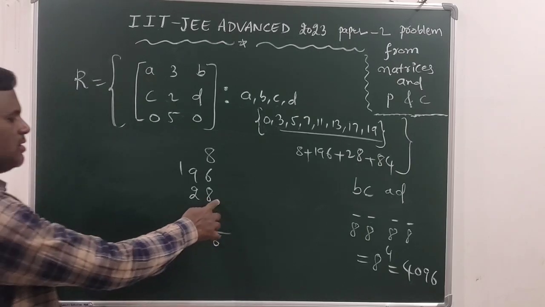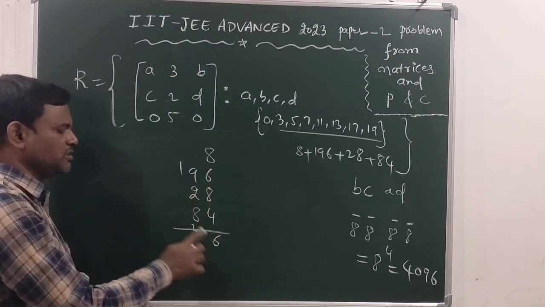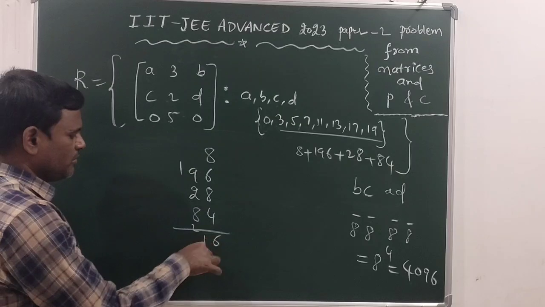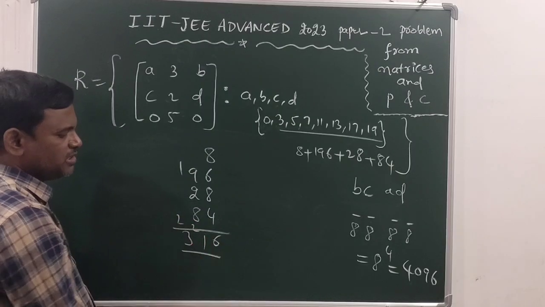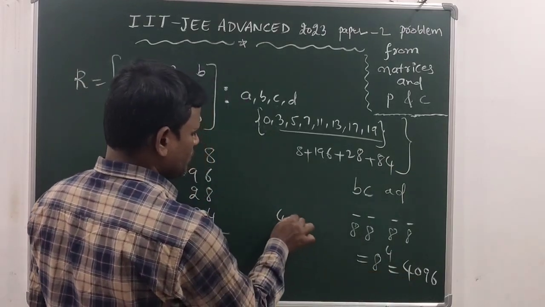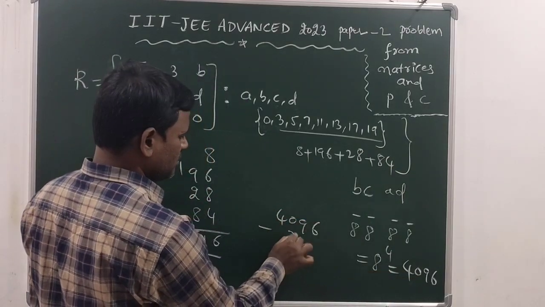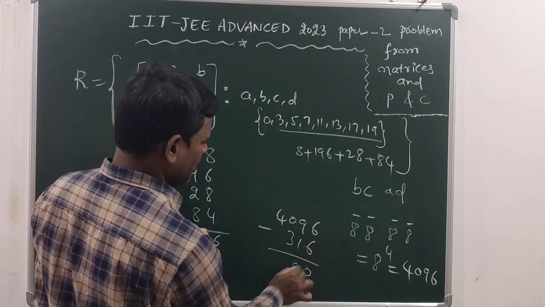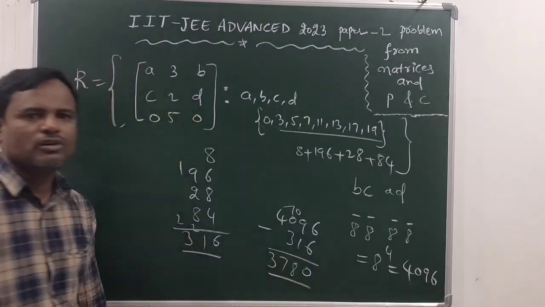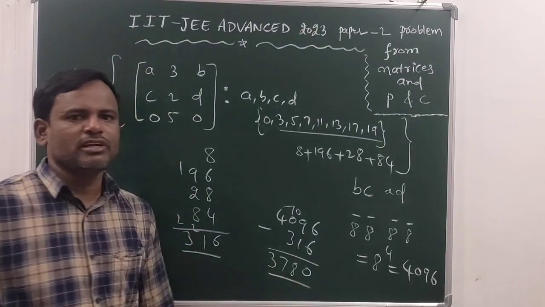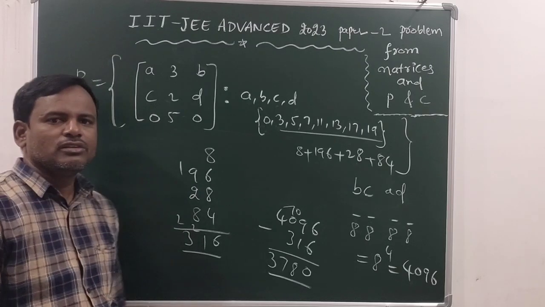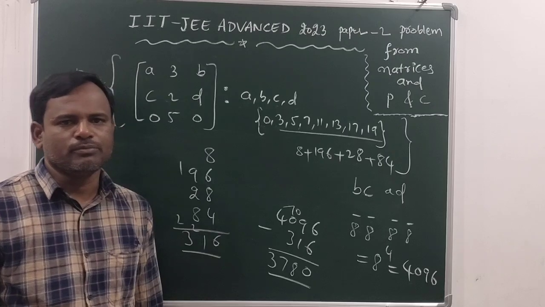The total is 316. So these possibilities must be subtracted from this. 4096 minus 316 is 3780. So this many matrices can be generated from this set R which are invertible.